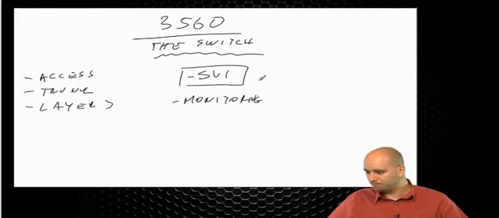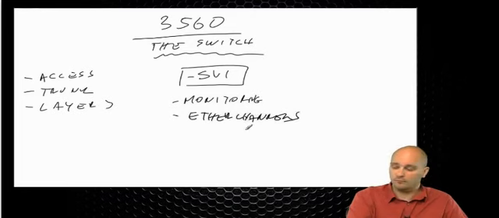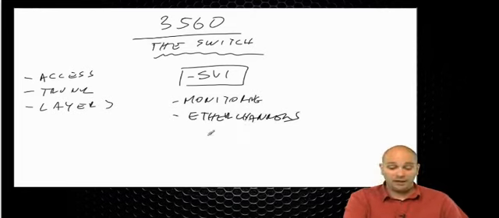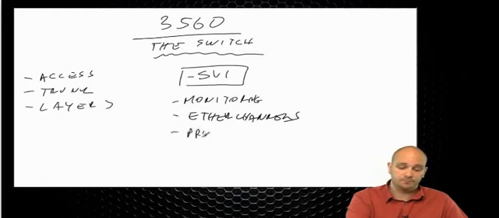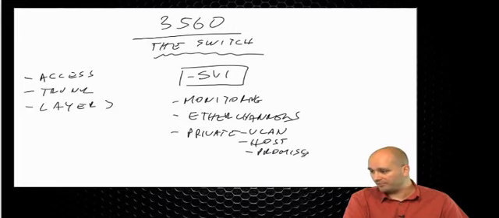Okay, what else? Well, we can have EtherChannels, that's right. We can have private VLANs, that's very good, which can be either host ports or promiscuous ports. What else do we have?